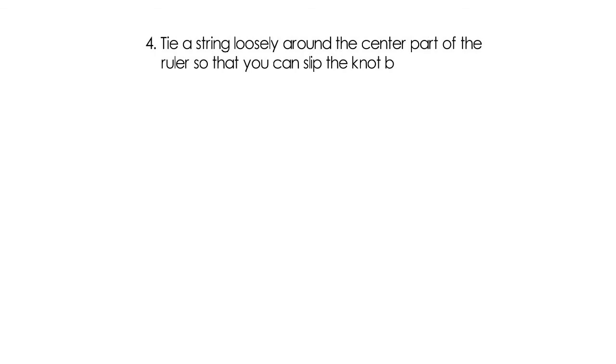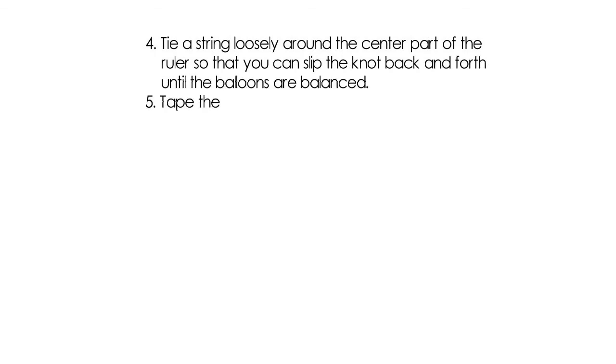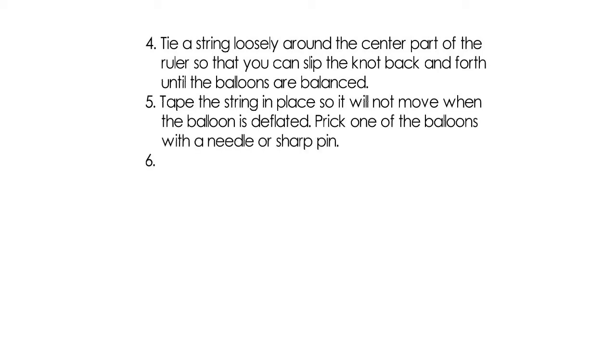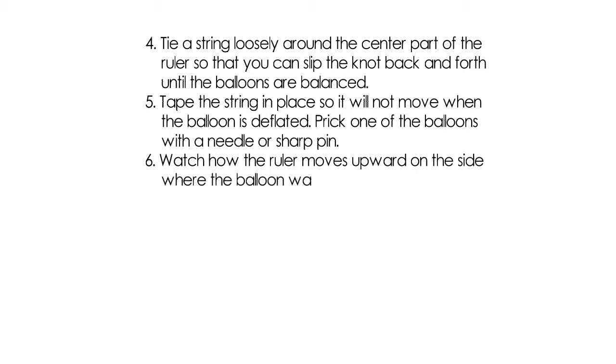Tie a string loosely around the center part of the ruler so that you can slip the knot back and forth until the balloons are balanced. Tape the string in place so it will not move when the balloon is deflated. Prick one of the balloons with a needle or sharp pin. Watch how the ruler moves upward on the side where the balloon was deflated.